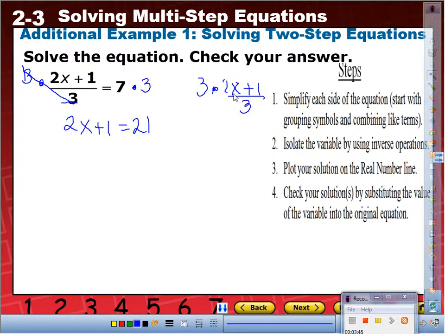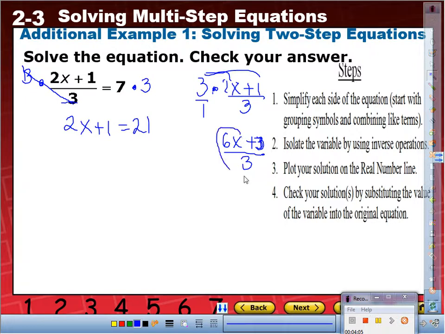So if I was to multiply this times this, I need to write this over 1. Is that correct? This distributes. This becomes 6x plus 3. 3 times 2x is 6x. 3 times 1 is 3, over 1 times 3, which is 3.